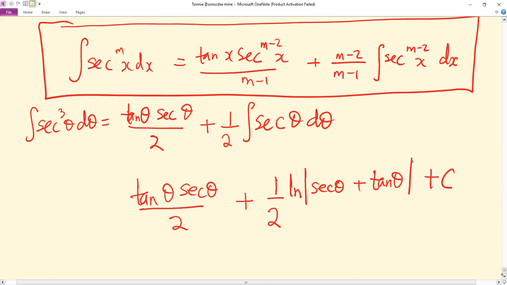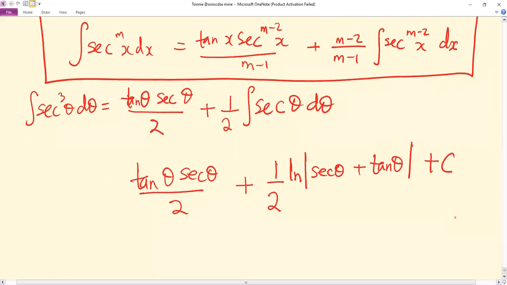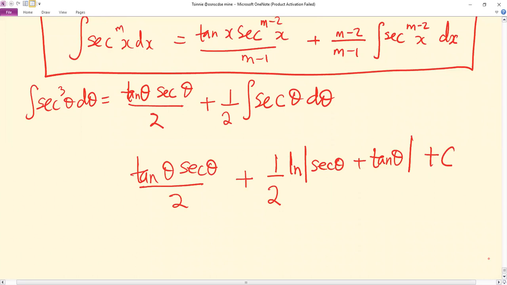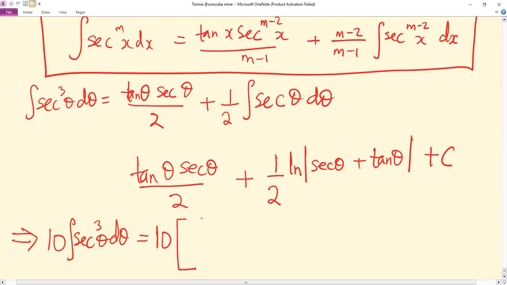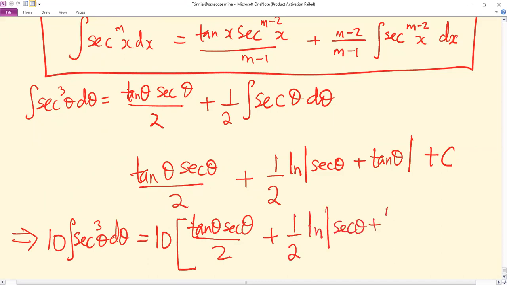But remember, we had a 10 as a coefficient outside this integral sign. So this implies 10 integral of sec cubed theta d theta will be 10 times tan theta sec theta divided by 2 plus a half ln of sec theta plus tan theta, then plus c.